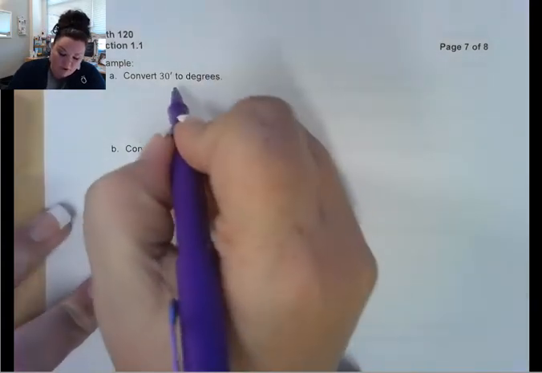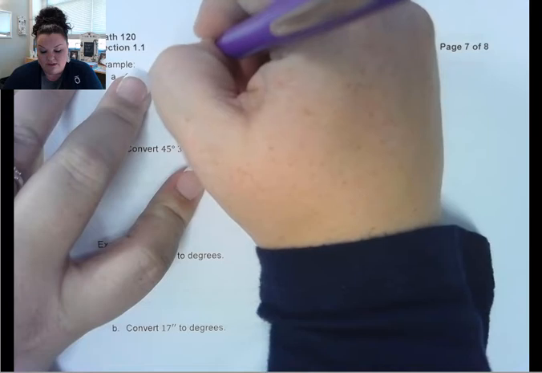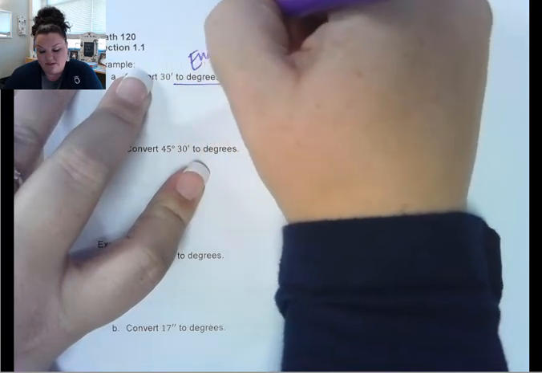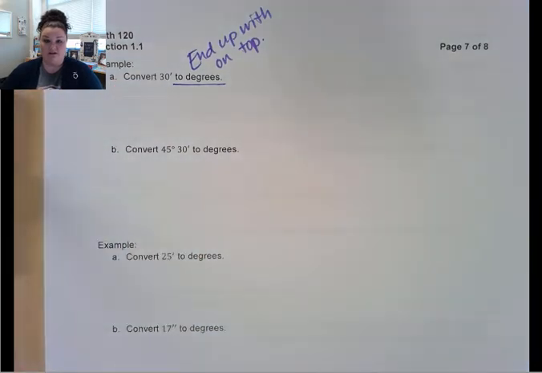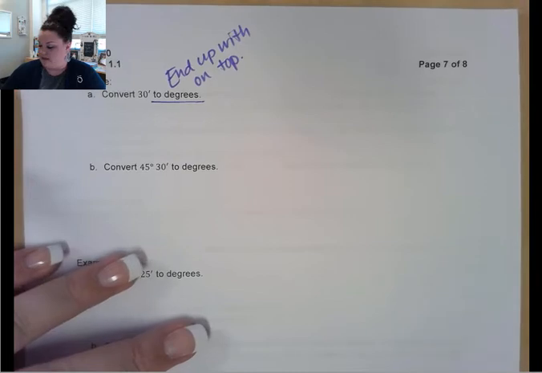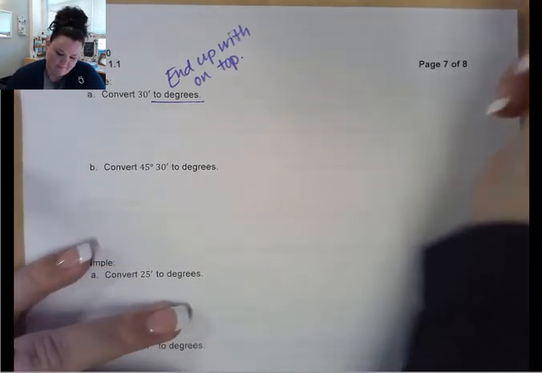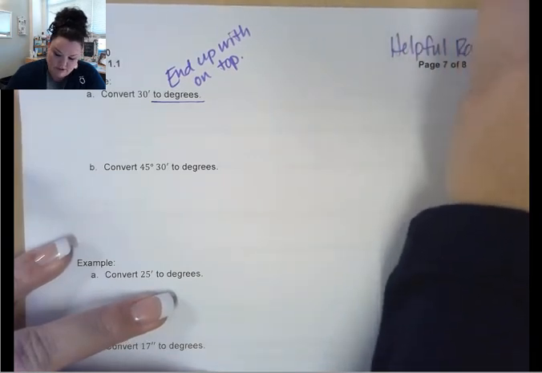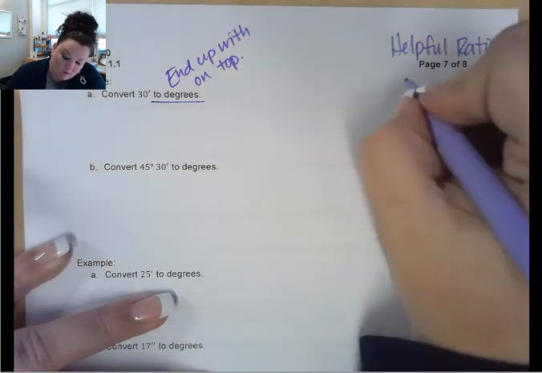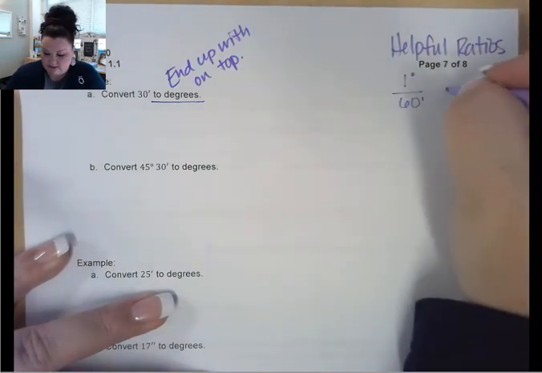Now, whatever we're converting it to, that's what we want to end up with on top of our fractions. Okay, so we want to end up with degrees. So I'm going to go ahead and just write over here to the side some of our helpful ratios. We know that 1 degree is 60 minutes, right?